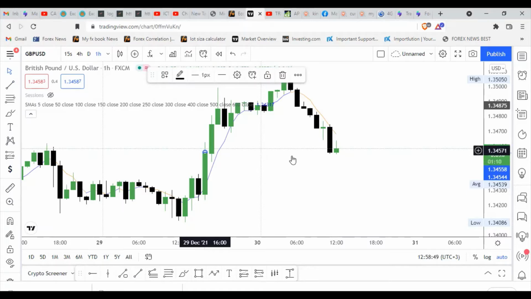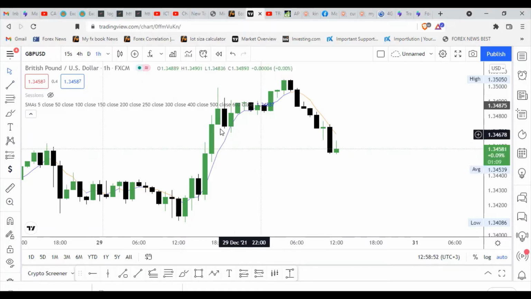That is 1.34544. It adds that one, 1.347, and so on. It adds all of them and divides by, if you are doing 5 periods, 1, 2, 3, 4, 5. So it divides for that one and gives you up to this place here.